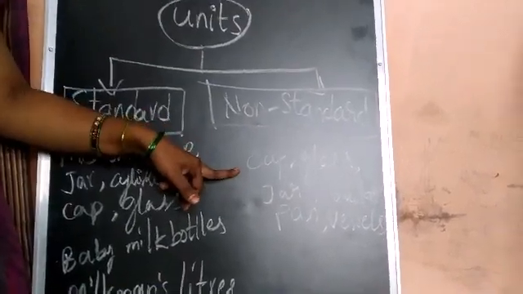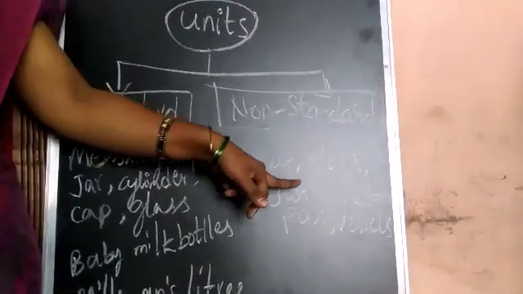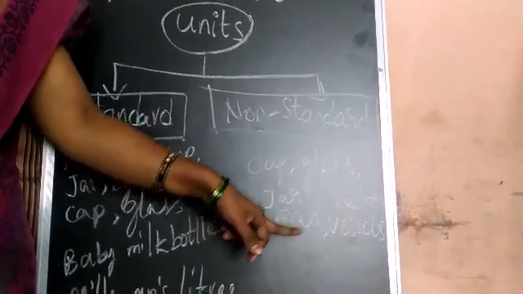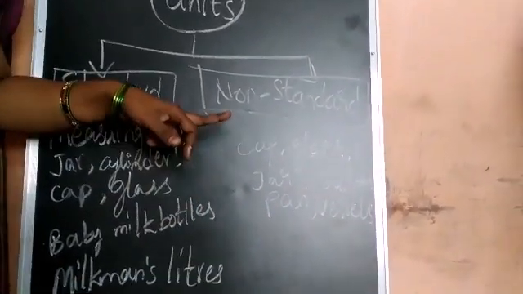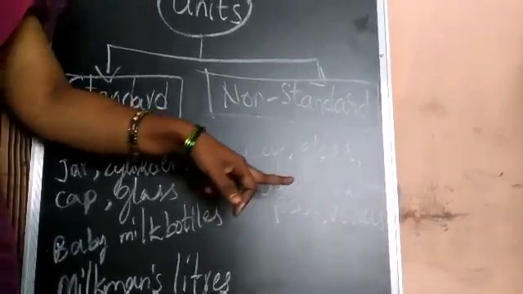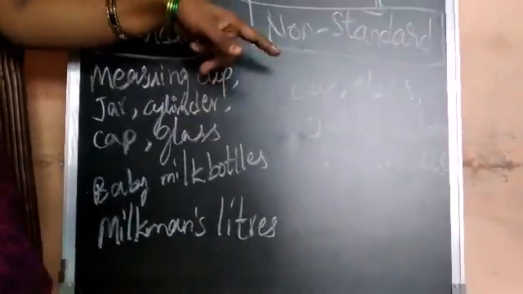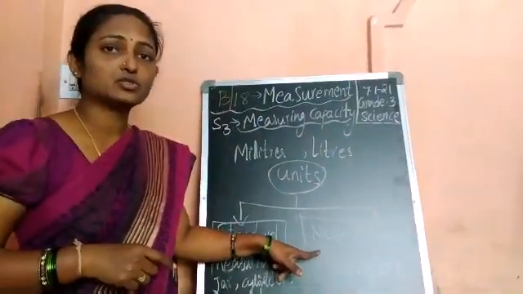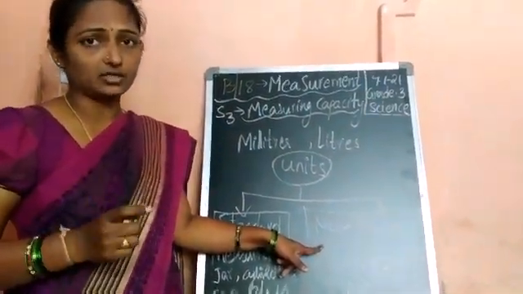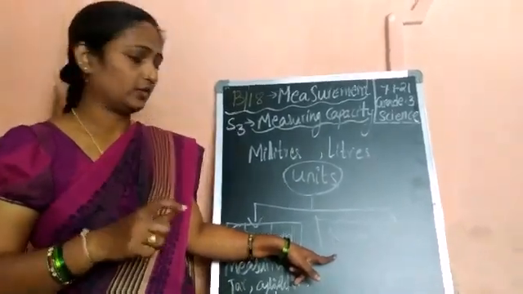Non-standard ones we can also measure with, like cup, glass, jar, buckets, pan and vessels, which don't have the numbering lines. So they are non-standard tools which help to measure the capacity, the volume of the liquids.